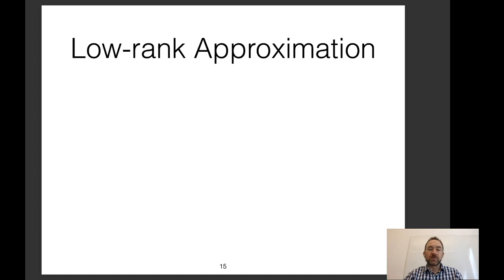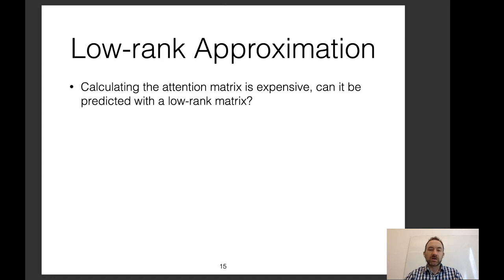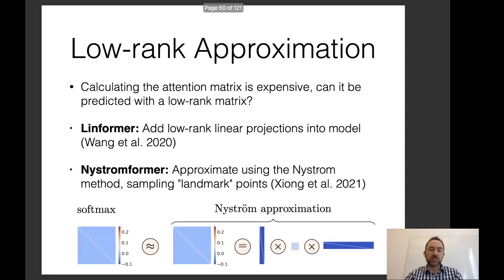Another method that people have looked at in order to build these longer document transformers is low rank approximations. Calculating the attention matrix is expensive, so is there a way to approximate it by using a lower rank matrix? There are a couple of methods that do this, but what they both boil down to is that you have the softmax matrix that you would like to calculate.